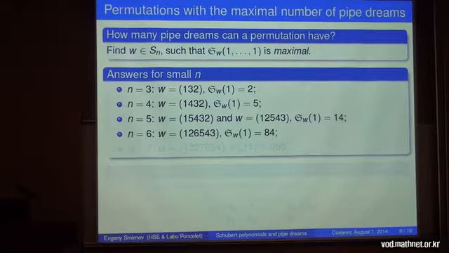Because for S6, you have a permutation not with 42 pipe dreams, but with 84. So the answer you get is twice the expected answer. And for n equals 7, things are even worse. This is 5 times the Catalan number. It's 660, and the Catalan number is 132.